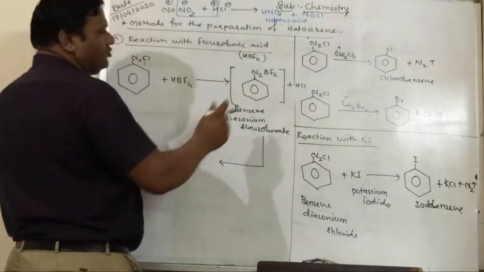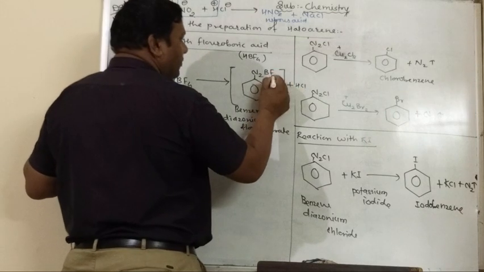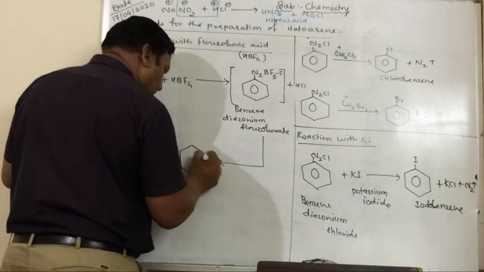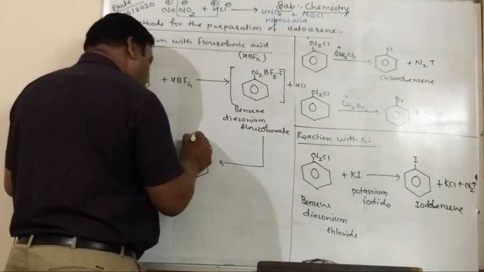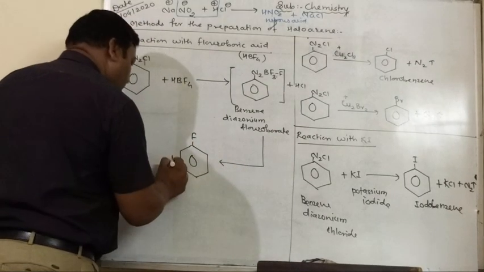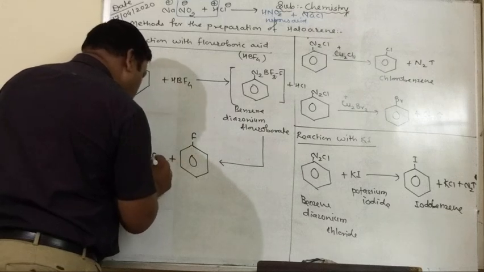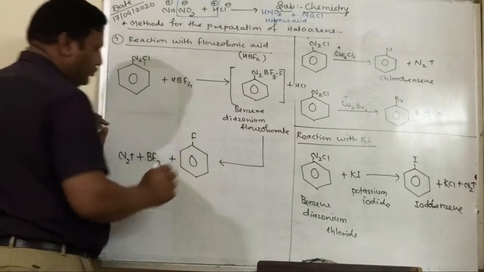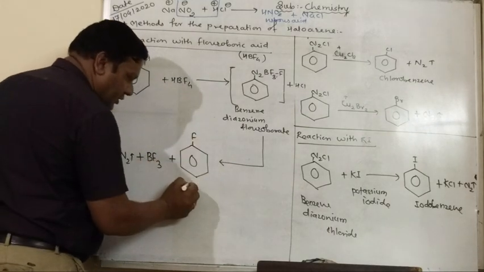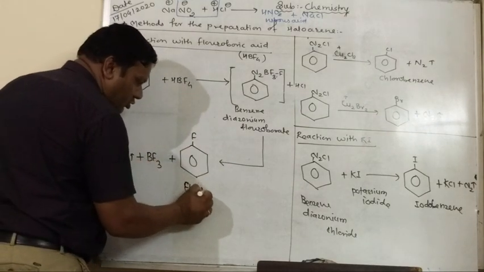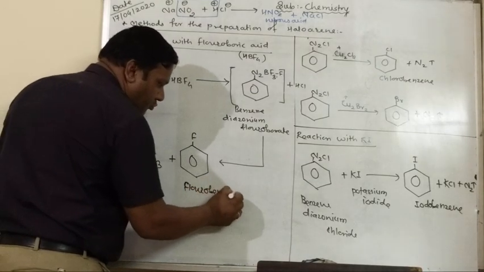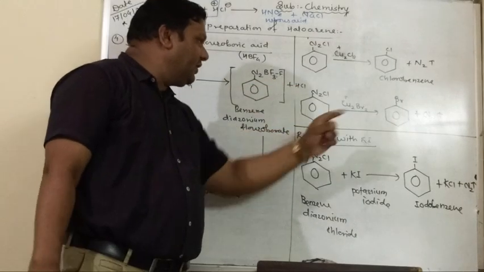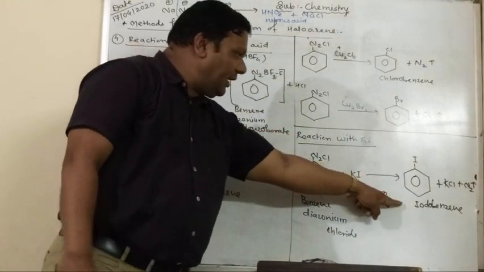After that, here it breaks down. BF4 we write as BF3 and F. So at last here it gets fluorobenzene plus boron trifluoride plus N2. So here it is fluorobenzene. By using Sandmeyer reaction, you will get chlorobenzene and bromobenzene. When reaction with KI, you get iodobenzene.